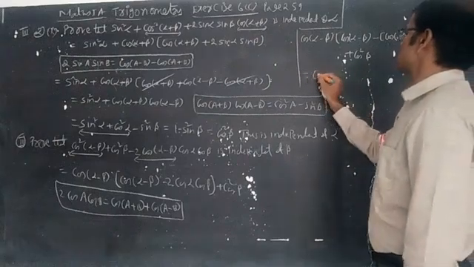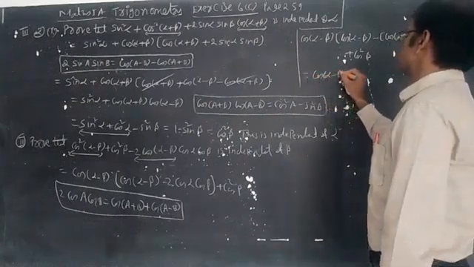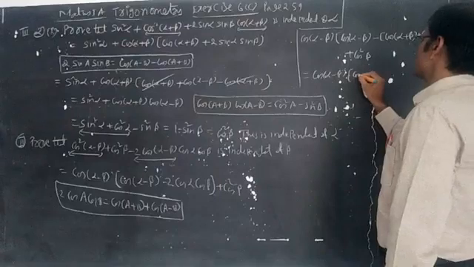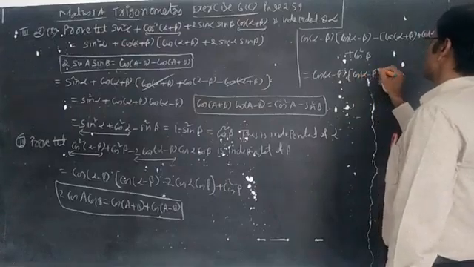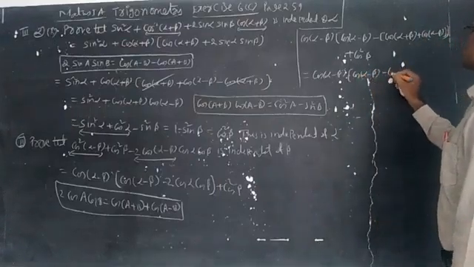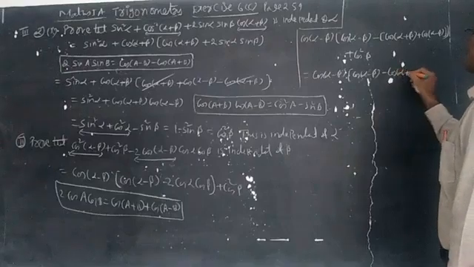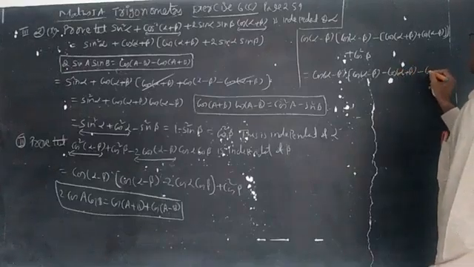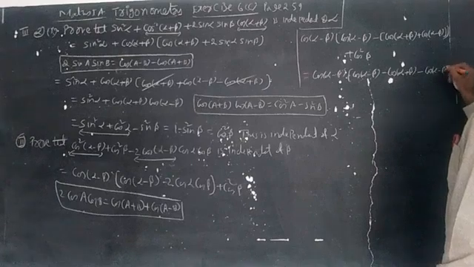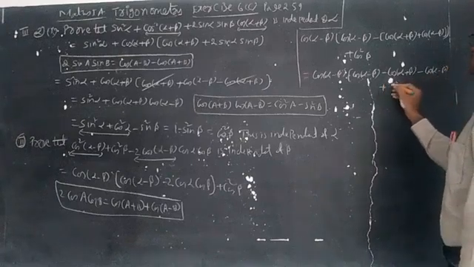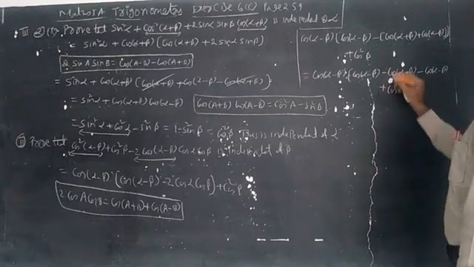That is equal to cos of alpha minus beta, which I have taken common, into cos of alpha minus beta minus cos of alpha plus beta minus cos of alpha minus beta, plus cos square beta.